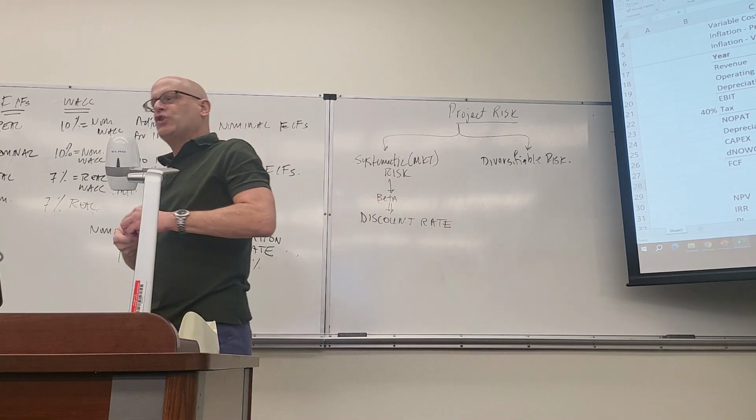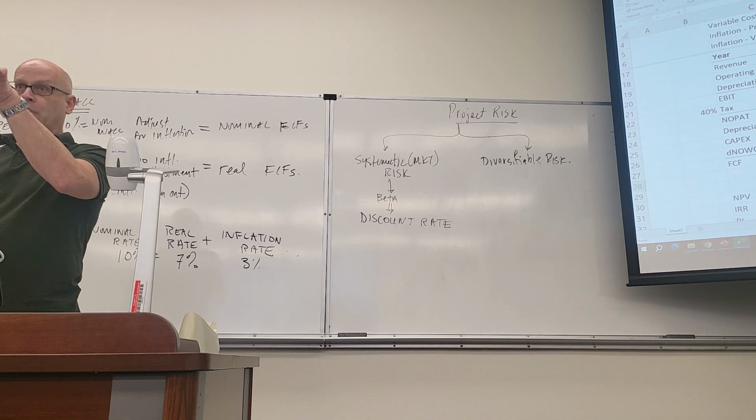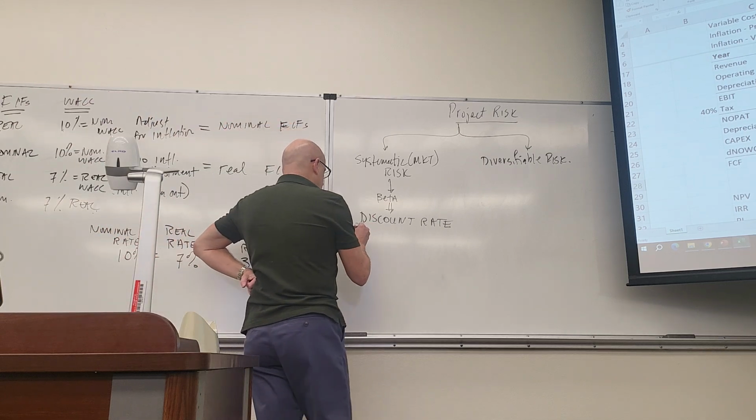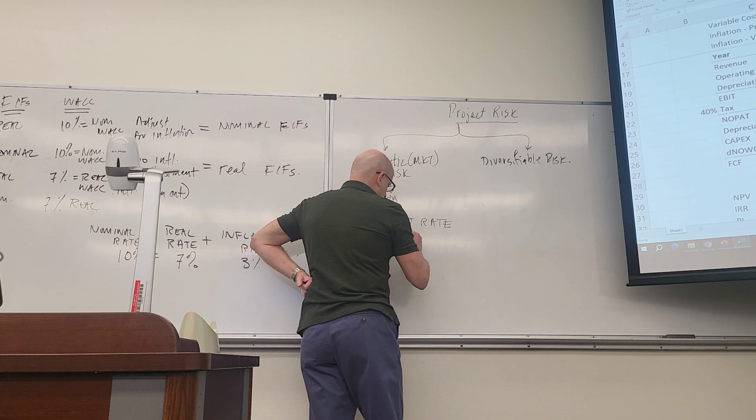So one way to adjust for project risk is what I've already told you guys in the prior chapter. You can adjust the discount rate. It goes up or down with the riskiness of the project, but the systematic risk, the risk we can't get rid of, right? So with that, this is sometimes referred to as a risk-adjusted discount rate.